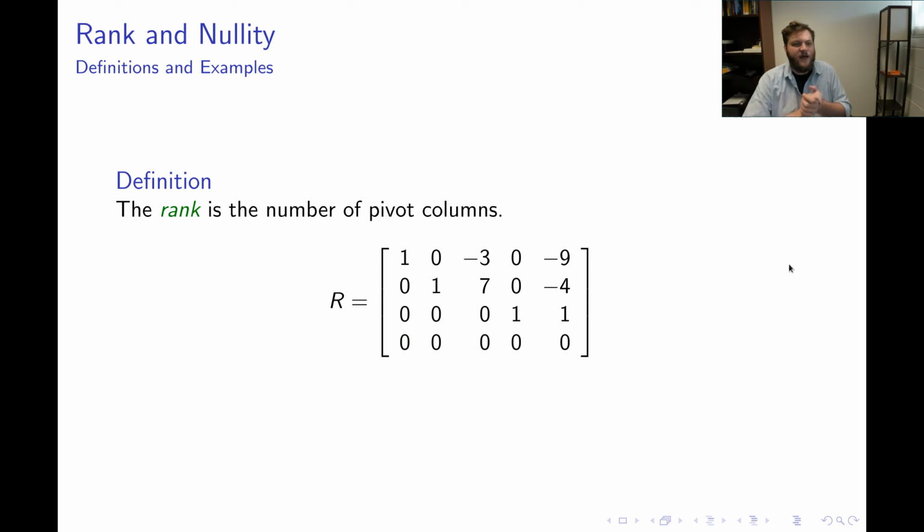And once we identify the locations of the pivot and non-pivot columns, this leads us to one of the most important concepts in the whole course, and this is the notion of rank. So the rank of a matrix is the number of pivot columns in the matrix. So here's our 4 by 5 example in reduced row echelon form. The number of pivots here is 3, which means there are 3 pivot columns.